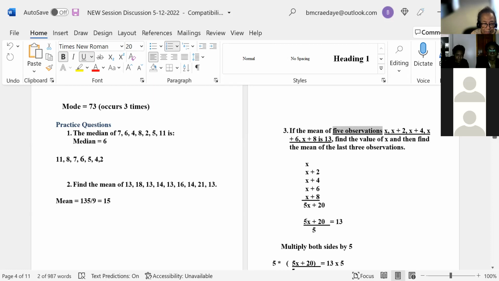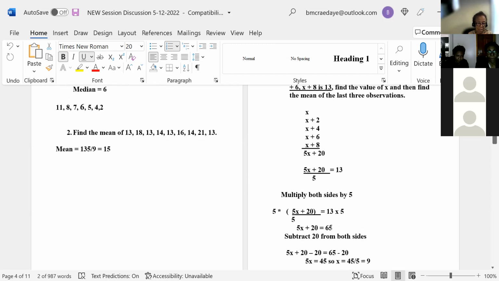Since you want to get x by itself, the first operation is multiplication, because you want to get that 5 away from the 13 constant here. The only way you can do that is do the opposite operation. This is division, so you multiply both sides by 5 and you get 5x plus 20 is 65.